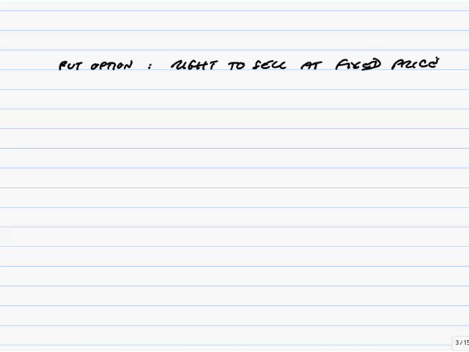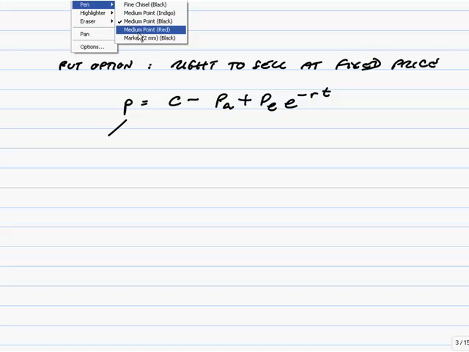Now that's at the top of the second page of the formula sheet, or again it's listed on page 63 of the notes. But the put-call parity formula, P equals C minus PA plus PE, e to the minus RT. P is the value of a put option, which is what we're after.